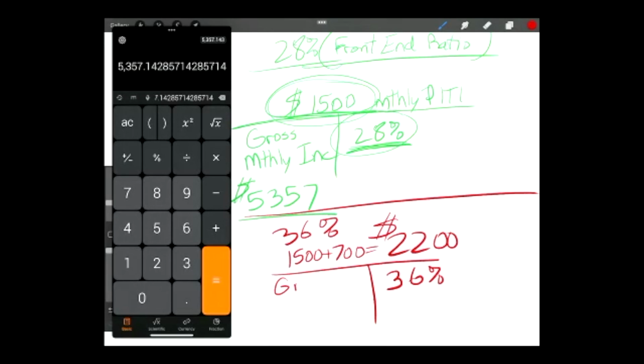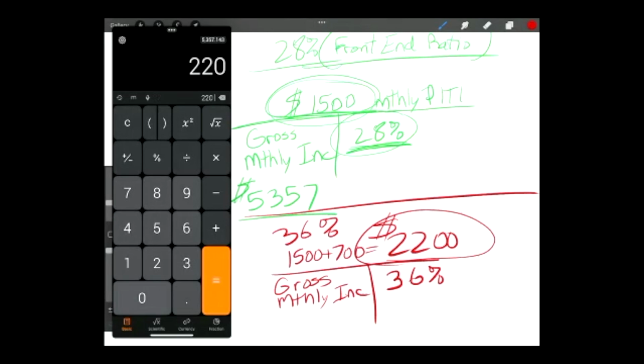And again, our gross monthly is there on the bottom. So we're going to take our 2,200 and divide it by 36%, which says that to allow for all those $700 more of recurring expenses plus the house payment, your monthly income needs to be 6,111.